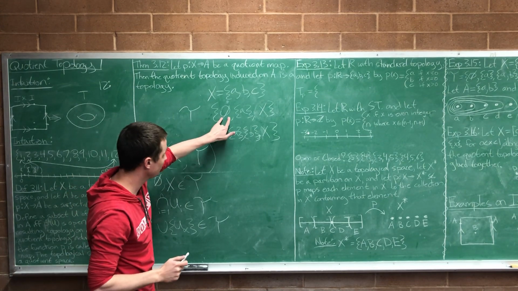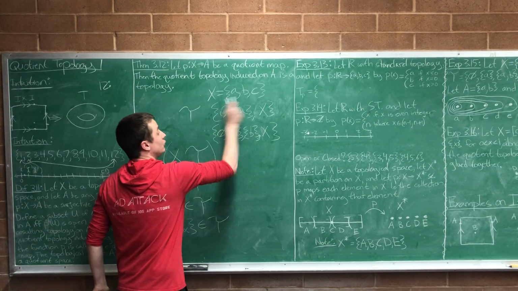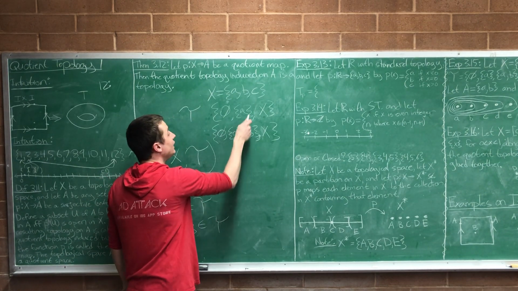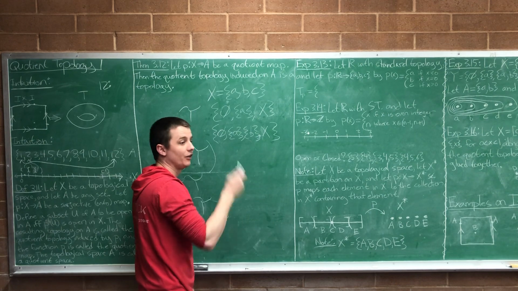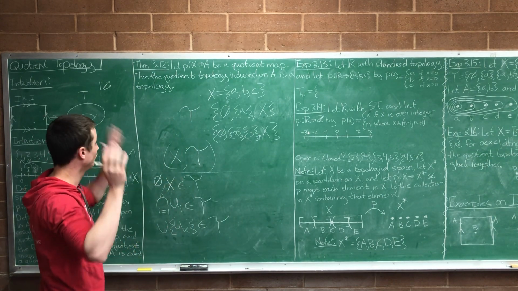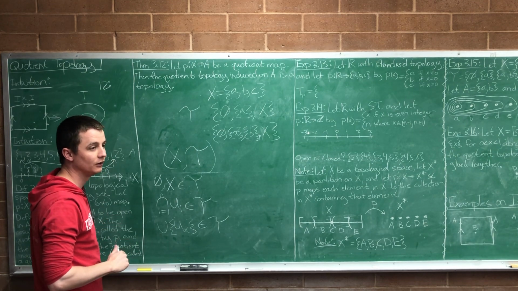The empty set has to be in there. The entire set has to be in there. For any sets you have in there, their union has to be in there. And for any finite number of sets you have in there, their intersection has to be in there. Arbitrary when we're talking about union, but only finitely many when we're talking about intersection.